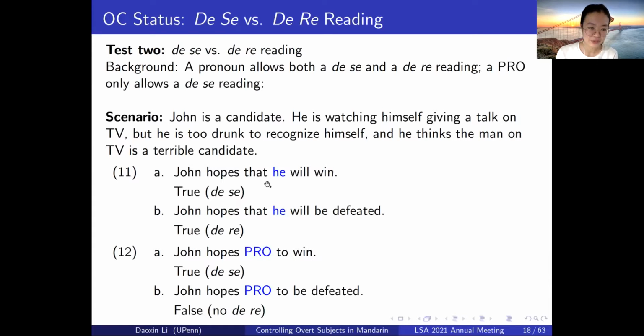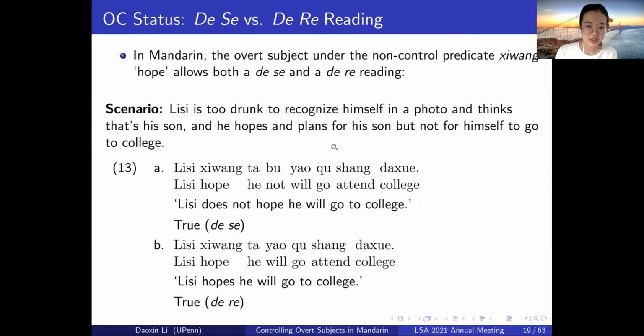If we use the pronoun as in 11, then both John hopes he will win and John hopes he will be defeated are true, because the pronoun can be either John or somebody else. But if we use the big pro, then only John hopes to win is true, because the big pro can only be John himself.